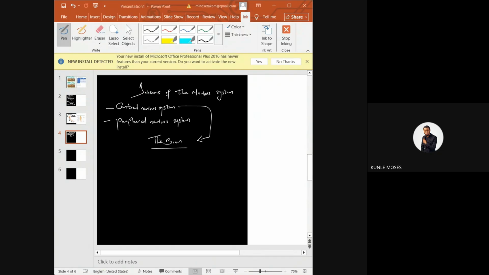So once a receptor can detect a stimulus through all these sensory organs, the sensory neuron, like we said, takes it to the brain. So the brain helps to process all this sensory information and every other thing.